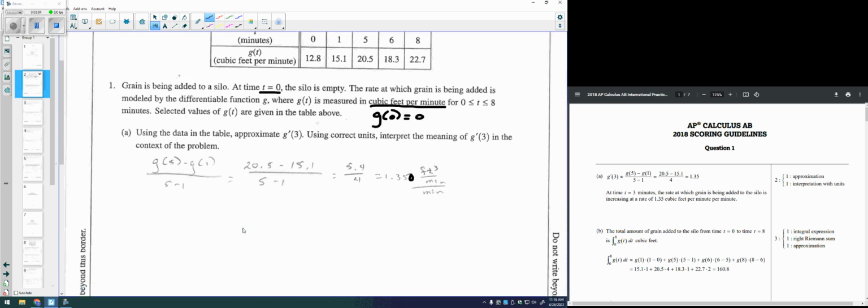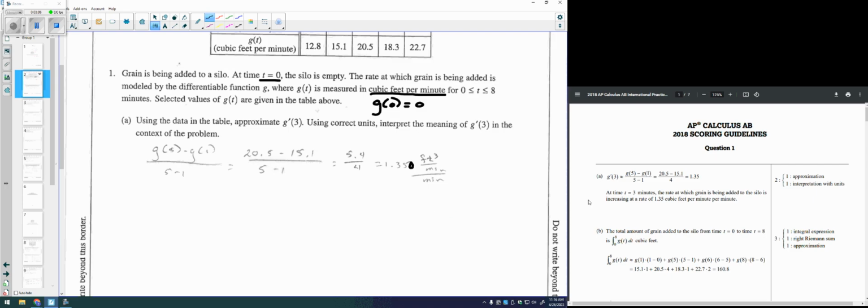I didn't write that out, so if you look over at the scoring guidelines, you'll see how they wrote that. 1 point for the approximation, 1 point for the interpretation. For the approximation, I gave a point even if the units were not correct, and I required the correct units to be in the interpretation.